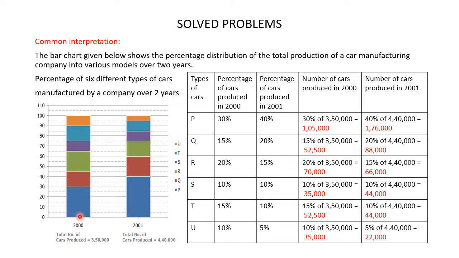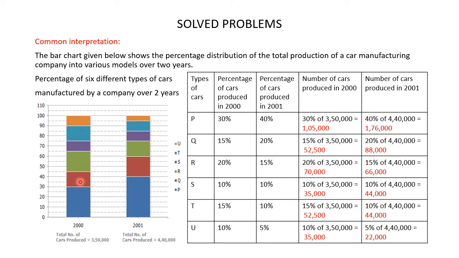The height of this blue rectangle indicates the percentage of P types of car produced in 2000. Now, as you can see, the height of this blue rectangle corresponds with 30 on the y-axis. This means that 30% of the total number of cars produced in 2000 is of the P type. Let's move on to the red color.